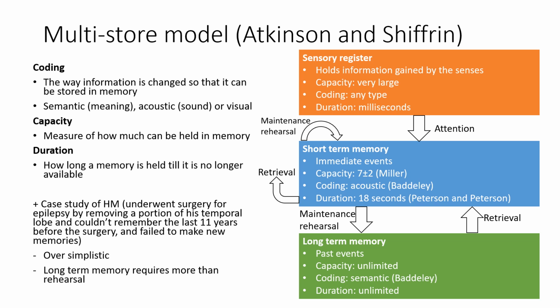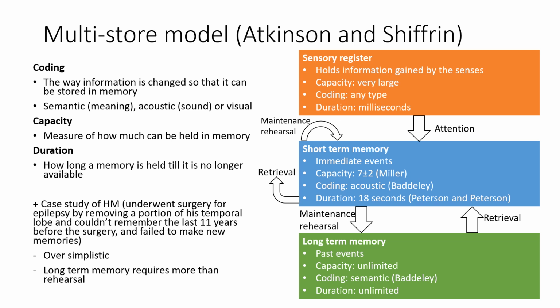So the short-term memory stores immediate events, things that happened relatively recently. It has a capacity of 7 plus or minus 2, so that's 5 to 9 items at a time, as found by Miller. Coding tends to be more acoustic, as found by Baddeley, and the duration is about 18 seconds, as found by Peterson and Peterson.